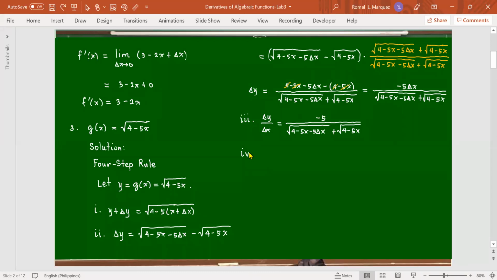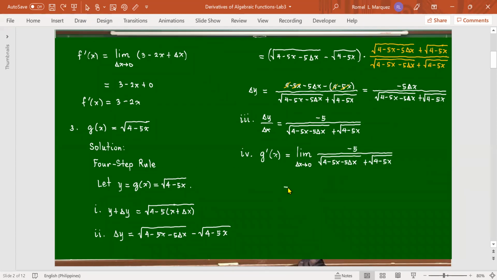And then the last step, which is the fourth step, that's why it is a four-step rule. So the derivative of g with respect to x is equal to the limit as delta x approaches 0 of. So we take this ratio, no? Take the limit of this ratio. What is the limit of this ratio, guys?